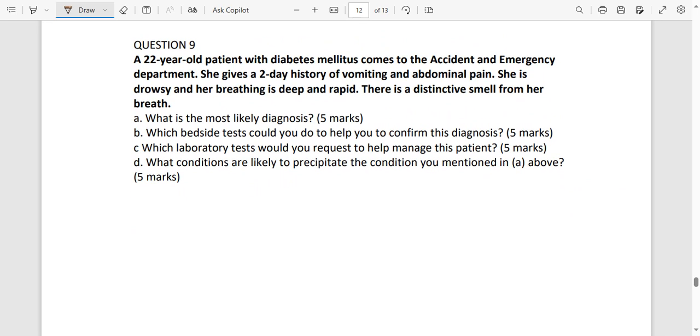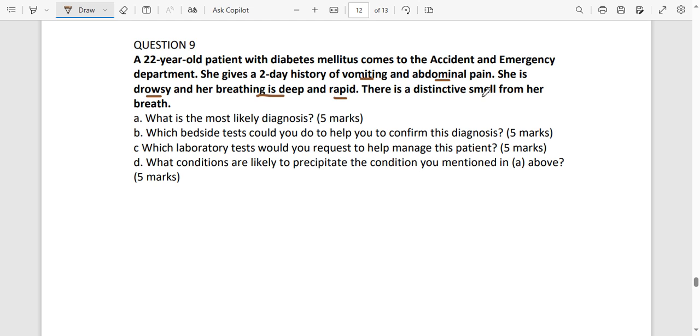Number 9. A 22-year-old patient with diabetes mellitus comes to the accident and emergency department. She gives a 2-day history of vomiting, abdominal pain, she is drowsy, and her breathing is deep and rapid.